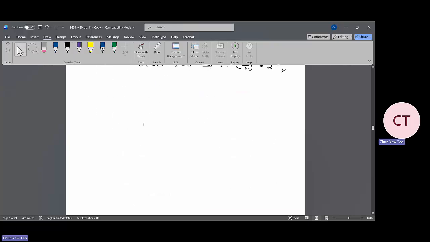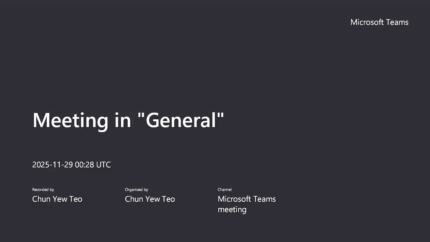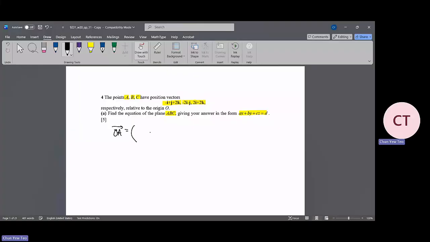And moving on, we have question number 4. I will make it into matrix form: -1, 1, 2 for OA, and then OB, I will make it -2, -1, 0, and OC is 2, 0, 2.